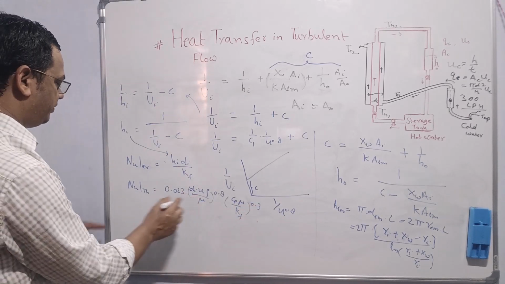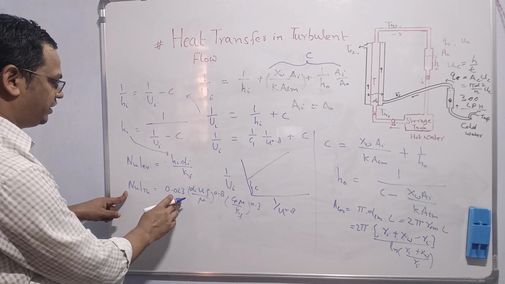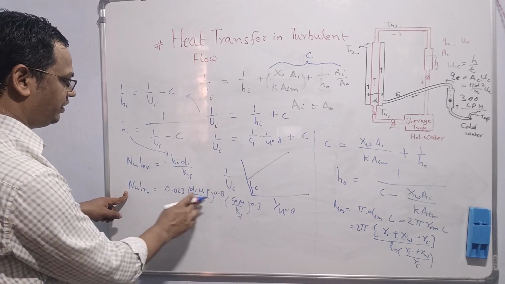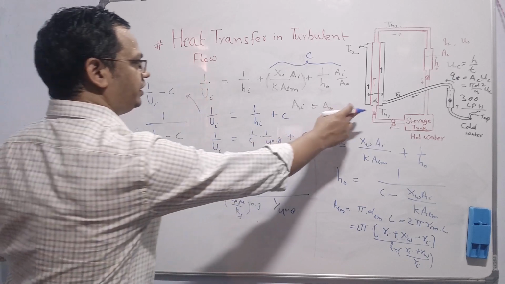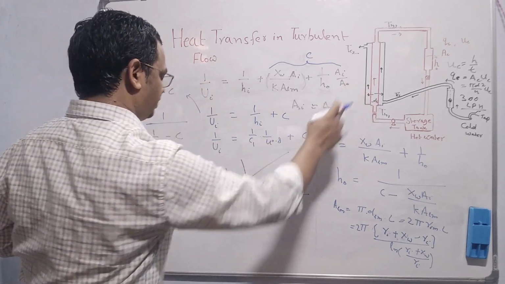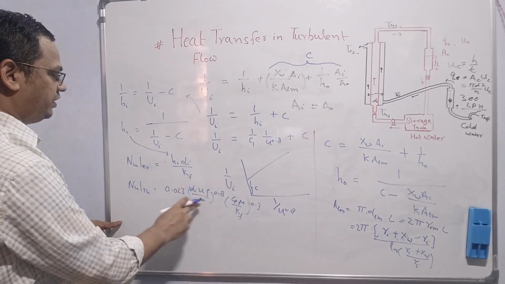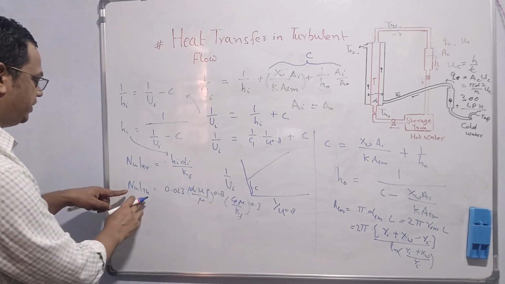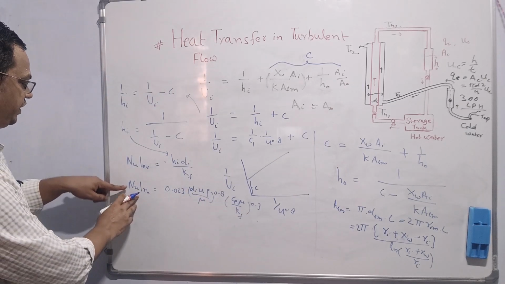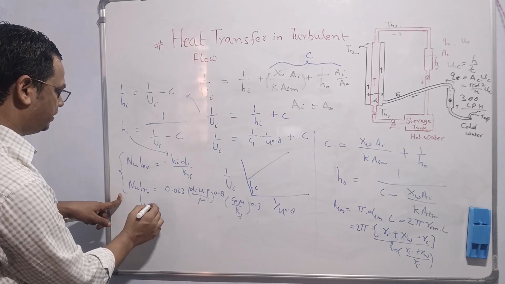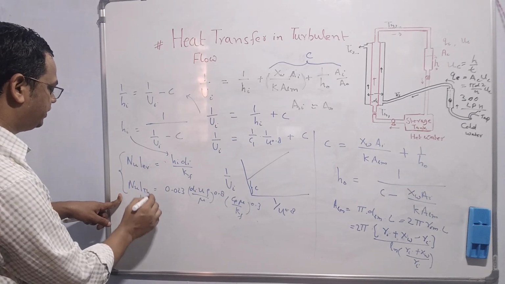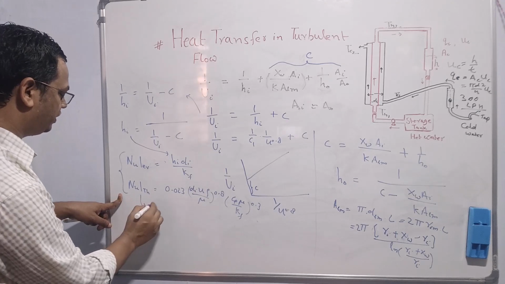So here we can find the Nusselt number from the empirical equation, where all parameters are known. This u is nothing but the velocity of the hot fluid inside the inner pipe, and other parameters are known. Therefore, we can find the Nusselt number theoretically, and this we can compare with the experimental value. From here, we can also find the inside film heat transfer coefficient theoretically.